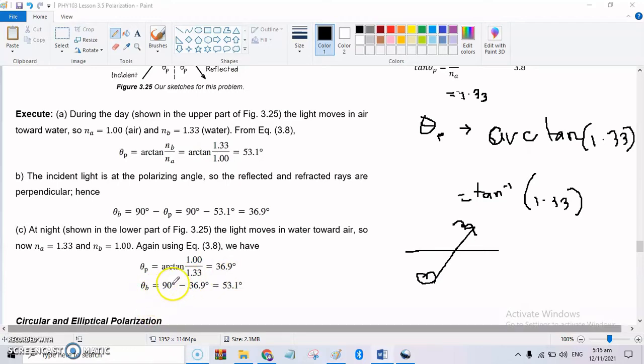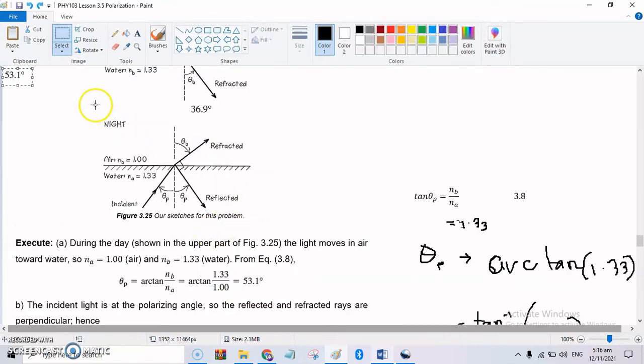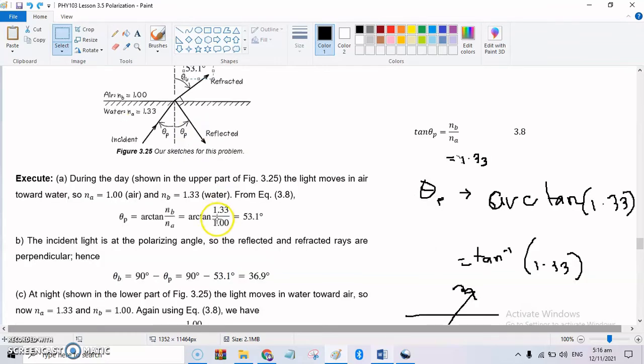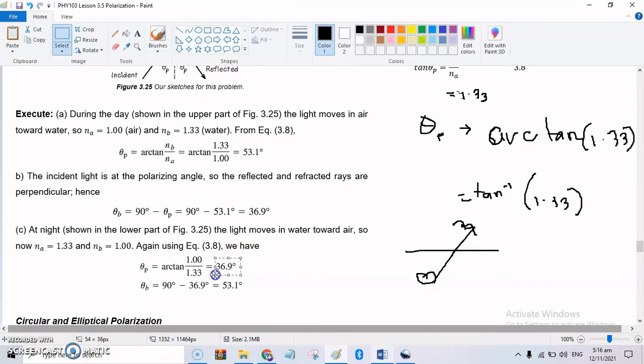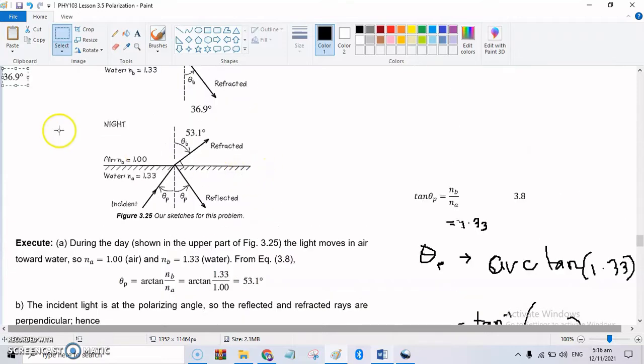Now, theta b is equal to 90 degrees minus 36.9 degrees, which is 53.1 degrees. So theta b is 53.1 degrees, and theta p is 36.9 degrees.